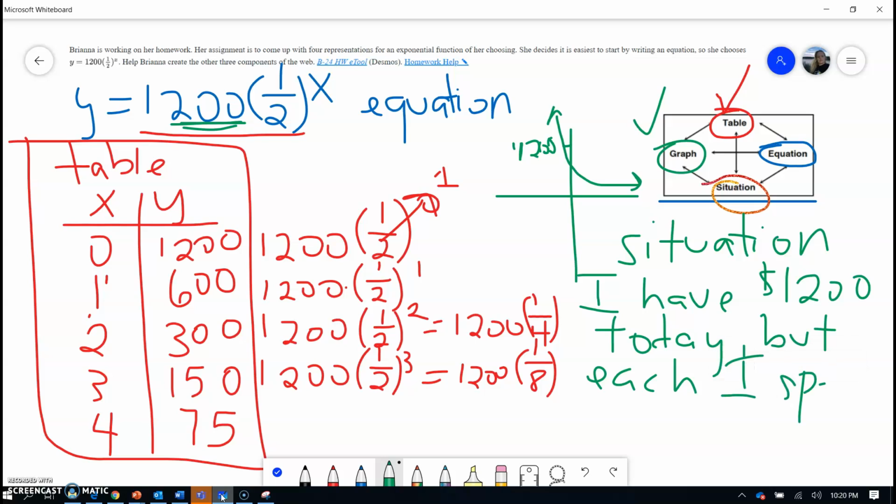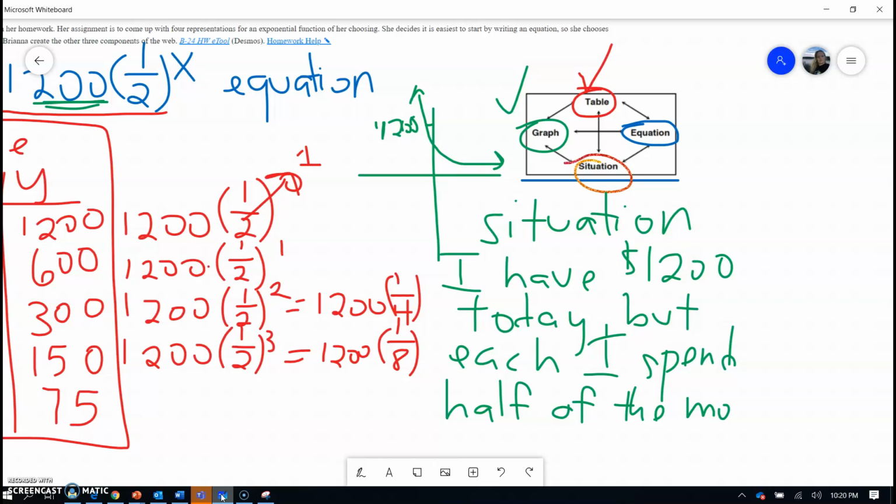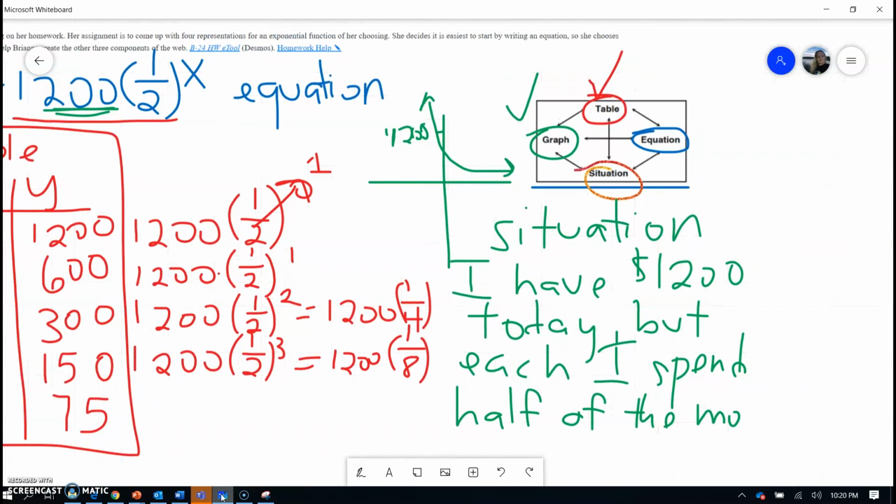Like spend half of all the money I've left. And that's just a situation. Money I have left.